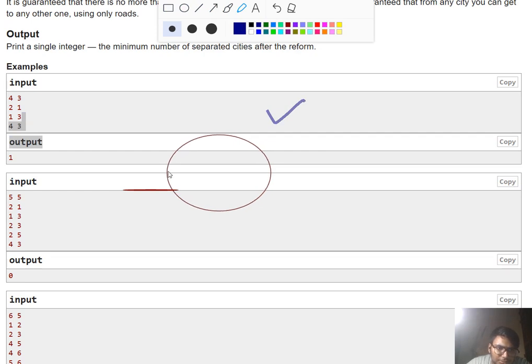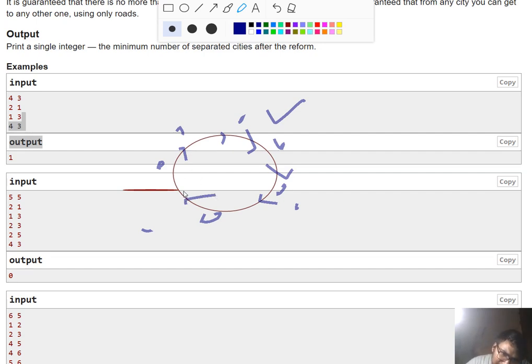Okay. So let's say we have nodes, and these are nodes. Let's say I connect this, this, this, this, this, this.